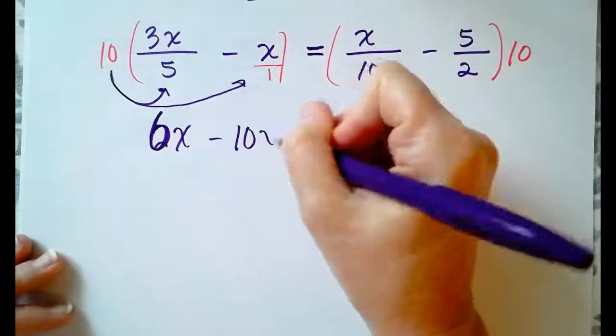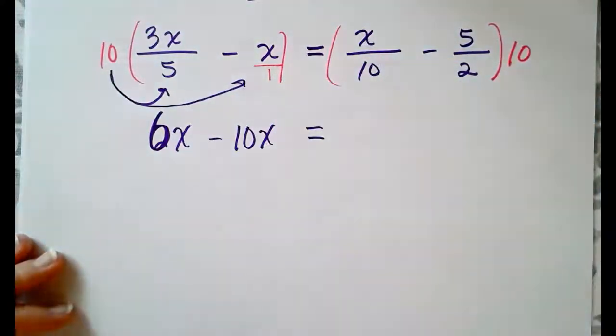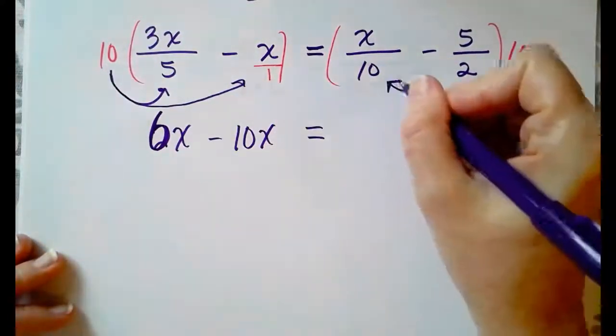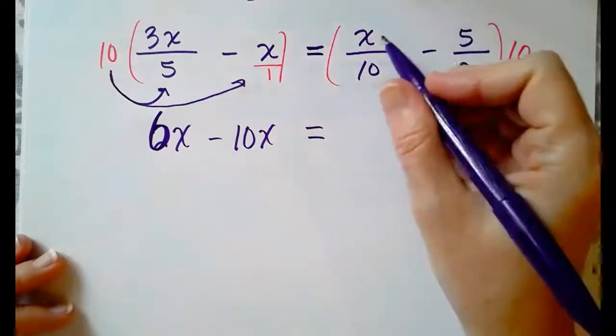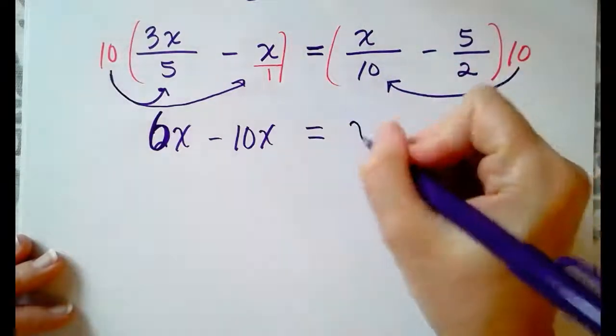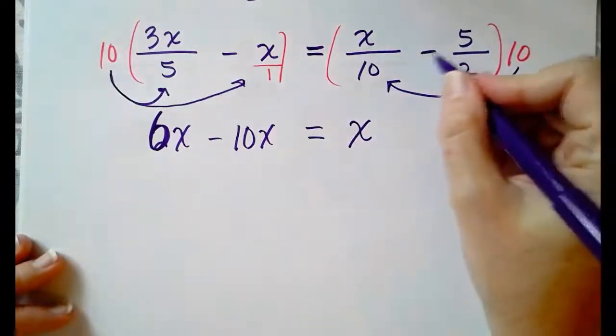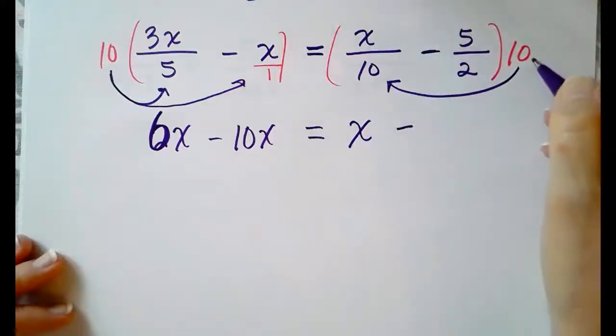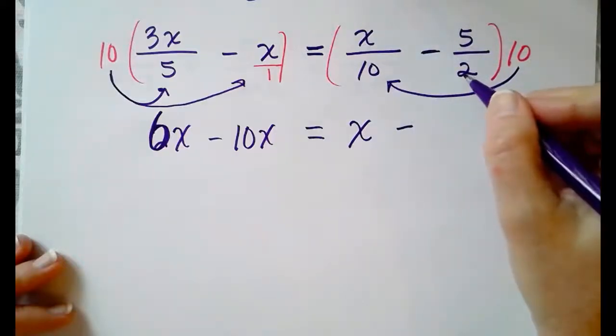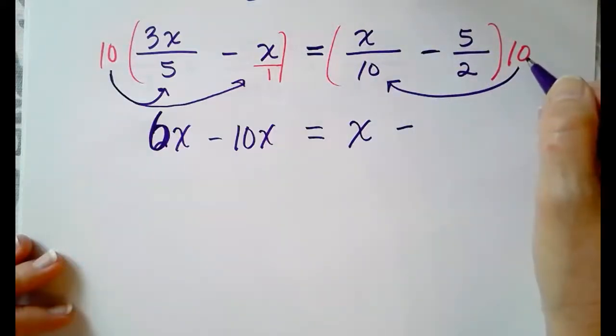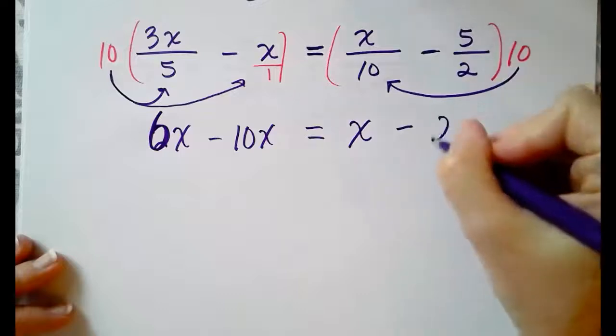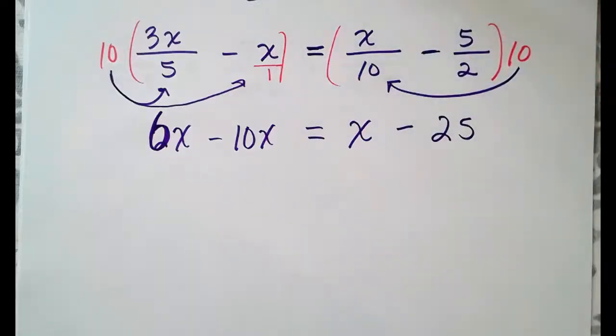That, of course, is just 10x. Equals, multiplying through on the right, 10 times x over 10. The 10's cancel. We get x. Negative 5 over 2 times 10. 2 goes into 10 5 times. 5 times 5, 25. So utilizing the common denominator just eliminated all the fractions and makes this a very simple equation.